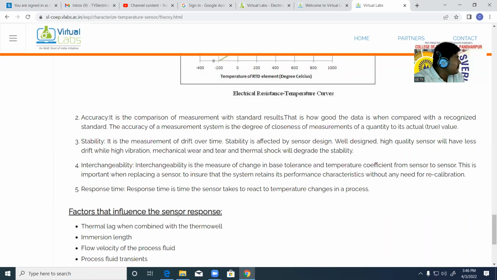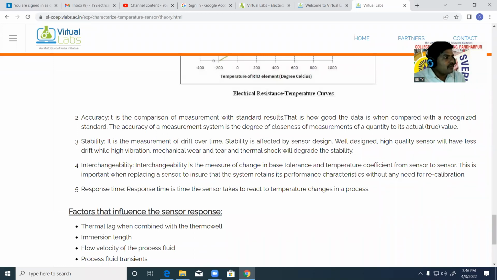Stability is the measurement of drift over time. Stability is affected by the sensor design. A well designed, high quality sensor will have less drift. Drift, you people know drift, already explained regarding drift.